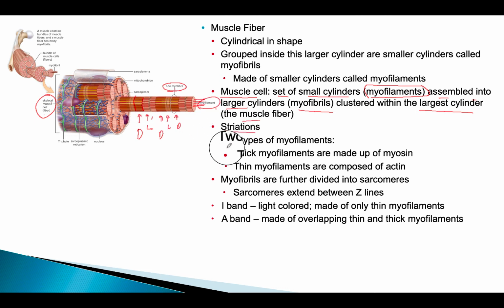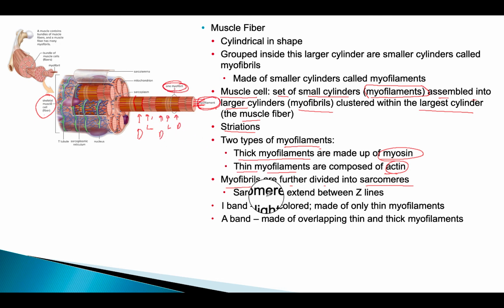Two types of myofilaments. Now looking at the myofilaments specifically, we have two types. You have what is known as your thick myofilaments, which are made out of myosin, and you have thin myofilaments, which are composed of actin. Myofibrils are further divided into sarcomeres. So one myofibril is going to be further divided into sarcomeres.